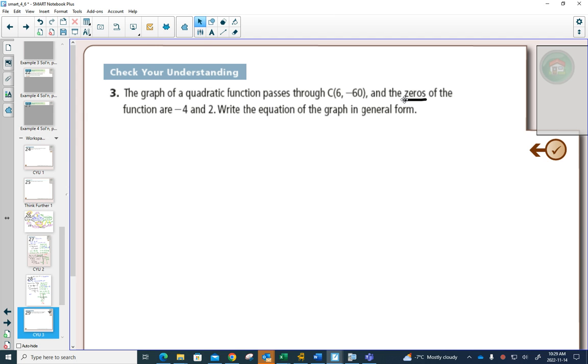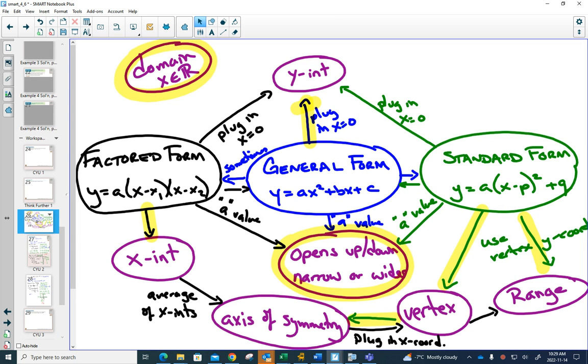And if we go back to our diagram, we're like, ooh, I know this purple thing right here. What does this purple thing come from? The factored form. I could probably write the factored form, or at least start writing it, because I have the x-intercepts.